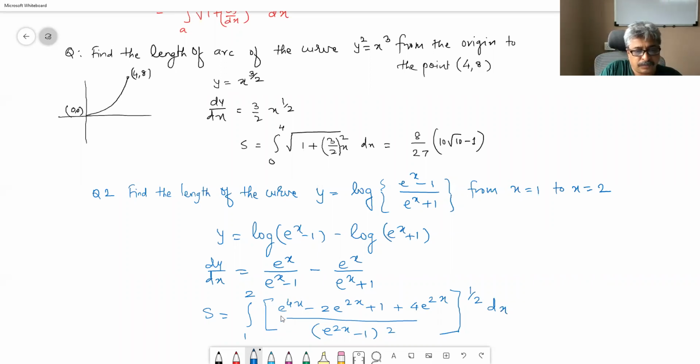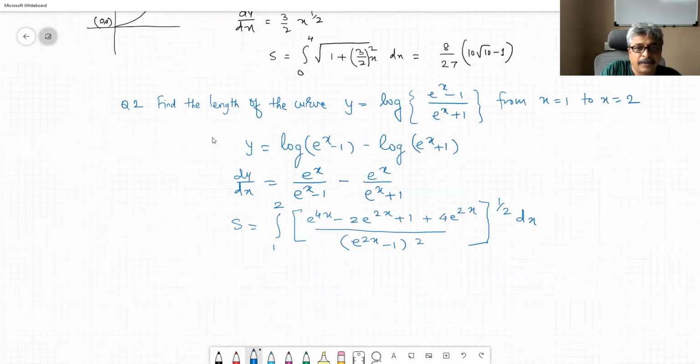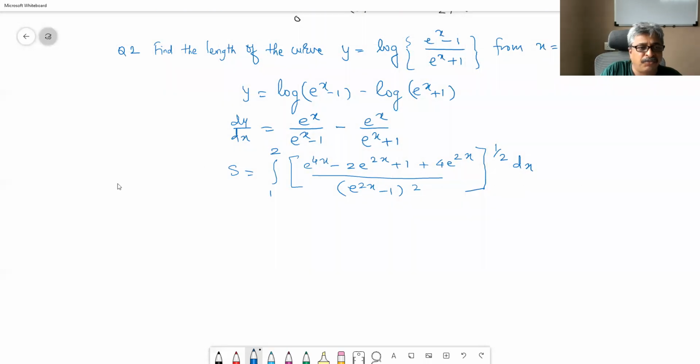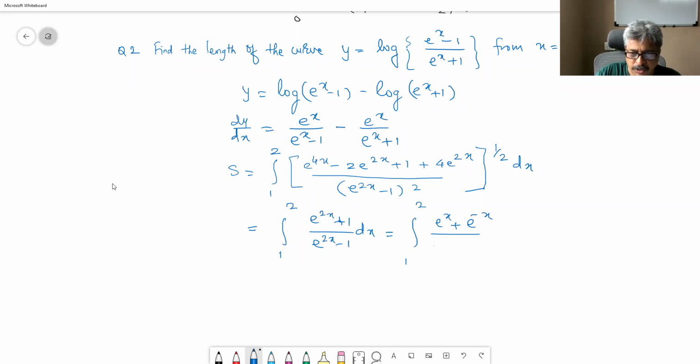That is what you will get applying the formula for the length of the curve, which is equal to the integral from 1 to 2 of (e raised to 2x plus 1) upon (e raised to 2x minus 1) dx, which is equal to the integral from 1 to 2 of (e raised to x plus e raised to minus x) upon (e raised to x minus e raised to minus x) dx.